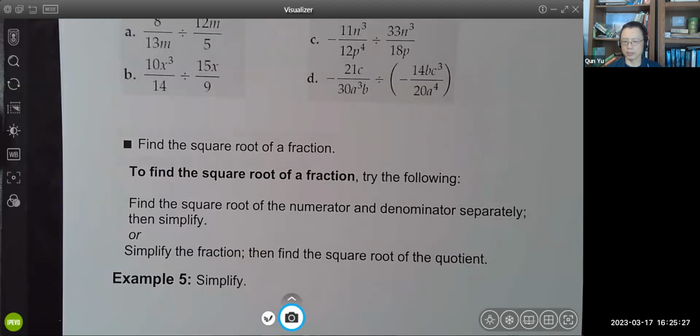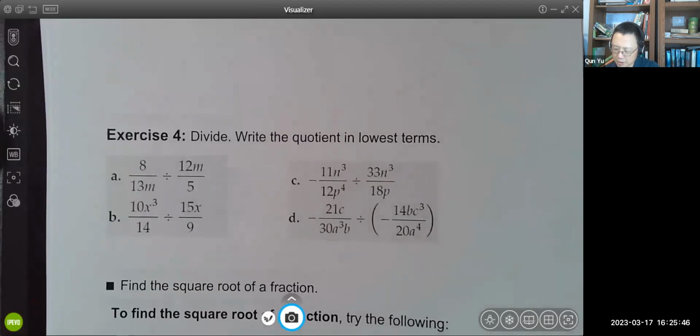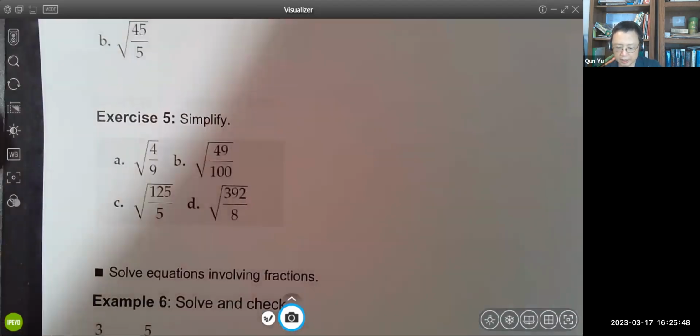Or if you cannot do square root on numerators and denominators separately, try to simplify the fraction first, then look at it again to see if you can do square root on it. So let's do that. Examples on the next page.